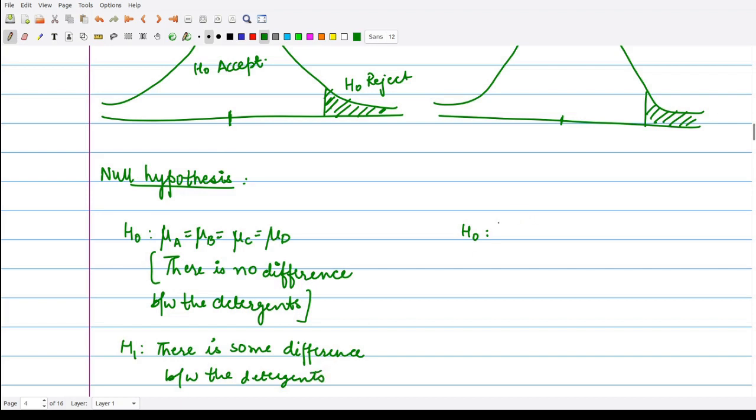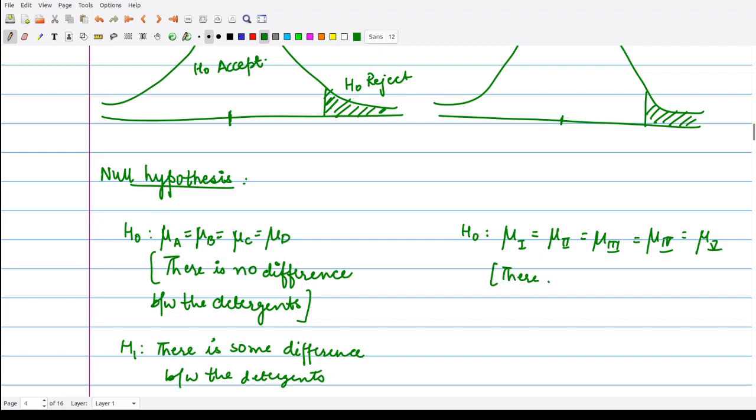And similarly, we'll set up the null hypothesis for engines. We will say mu 1, that means the mean for the first engine, is equal to the mean for the second engine, equal to the mean for the third engine, the fourth engine, and the fifth engine. All the means are equal.